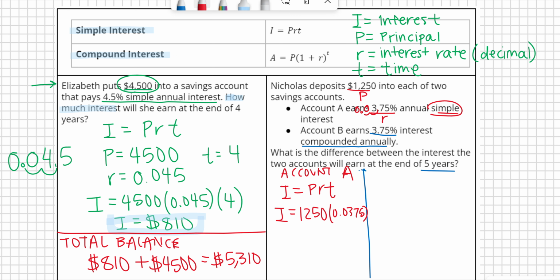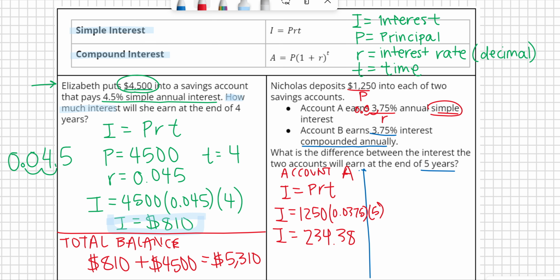And time is 5 years, so that times 5. I'll put that into my calculator: 1,250 times 0.0375 times 5. $234.38. That's how much interest account A will earn.